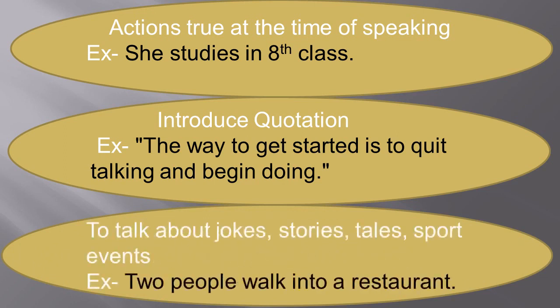Then another use is to talk about jokes, stories, tales or sport events. For example, two people walk into a restaurant. That means to talk about jokes and sport events, we use present indefinite tense.